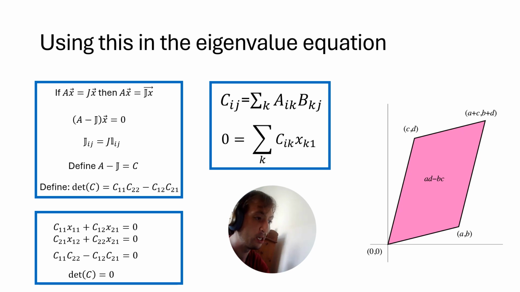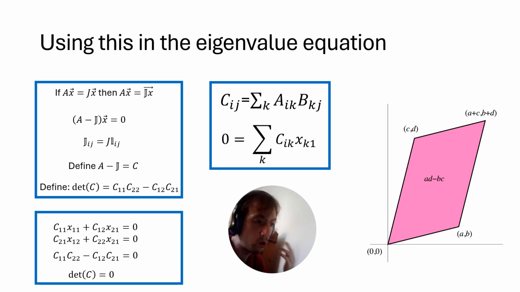And they're simultaneous because they both contain both components of x, so x11 and x21. And you can use fairly standard algebra, although it gets quite lengthy, to condense those simultaneous equations down into the statement that the product of the diagonal terms in our 2x2 matrix take away the product of our off-diagonal terms will have to equal 0.